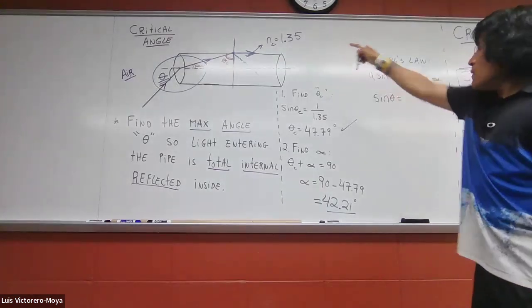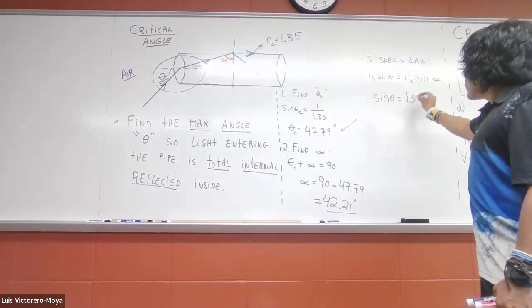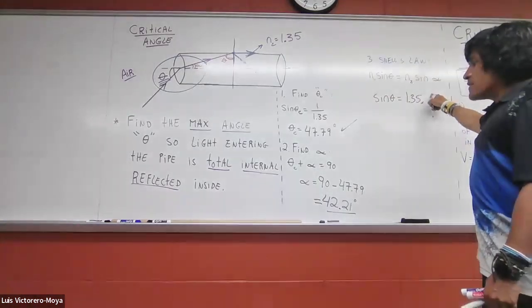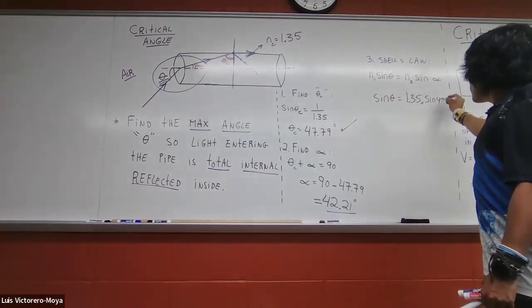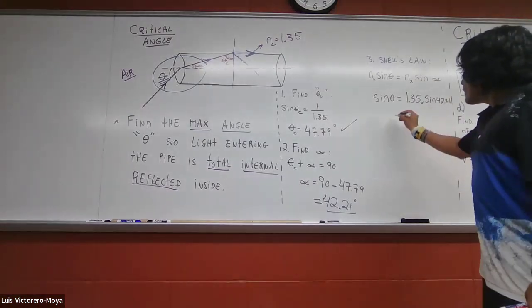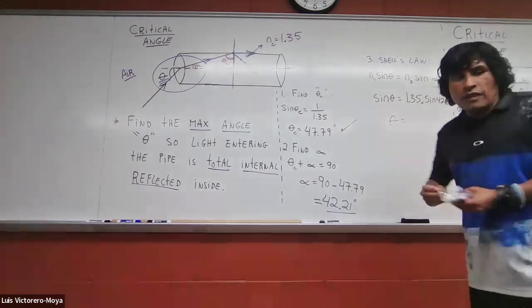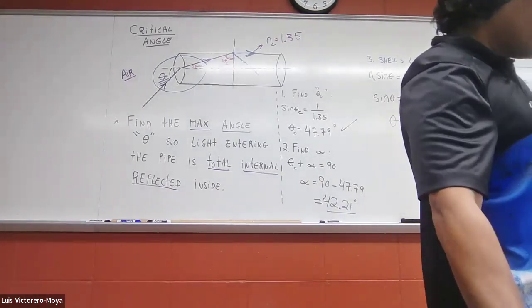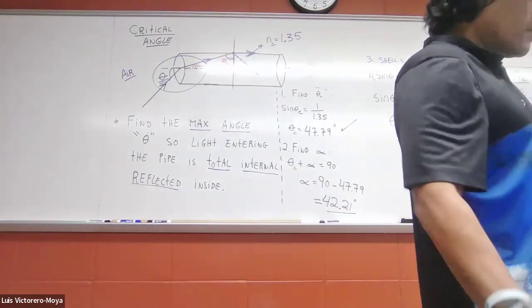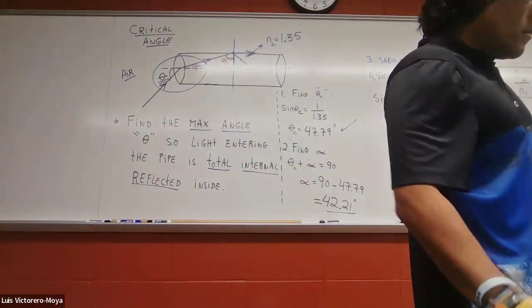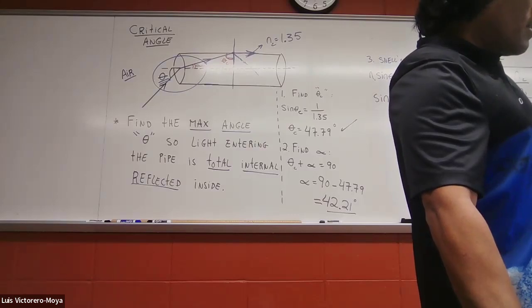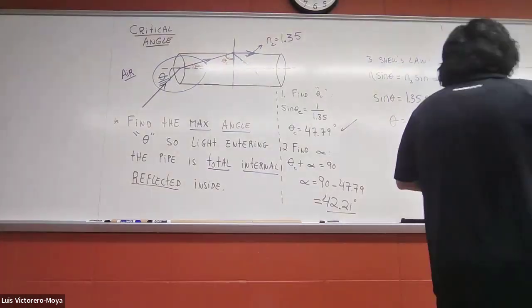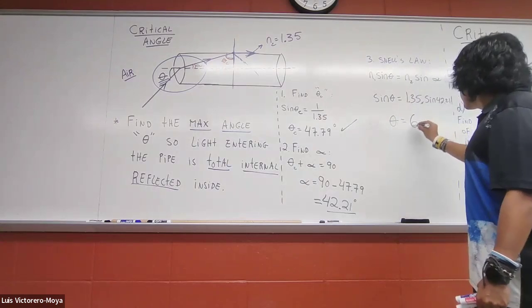N2 is the pipe, 1.35 times sine of alpha, sine of 42.21. Well, let's see. Ooh. So the sine versus that. So 65.09.